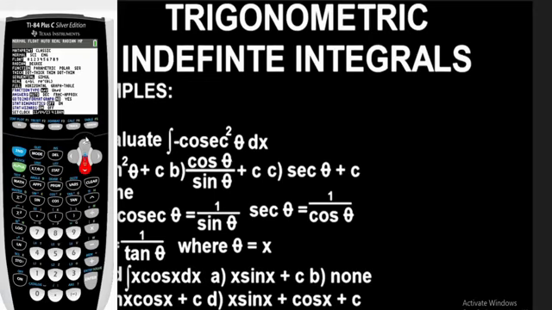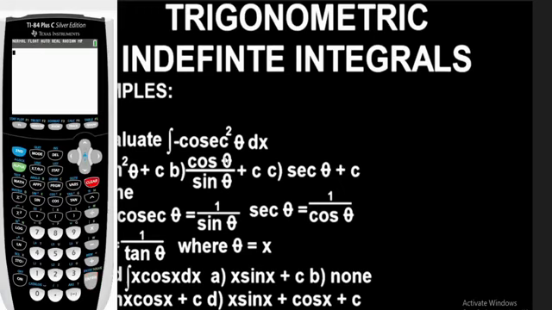If yours, for instance, is in degree, all you have to do is to switch it to radian by pressing this left arrow key. It will go to radian, then press enter. Once you do it, it will change from degree to radian. Alright, but by default this one is already in radian, so we are good to go. Let's press clear and begin to solve this problem.